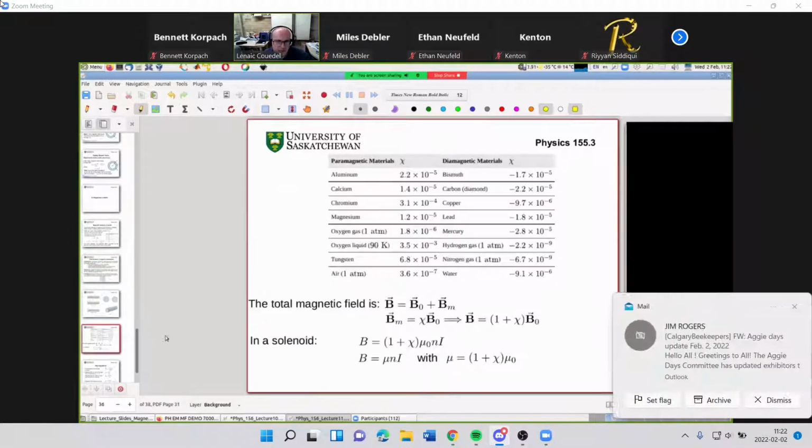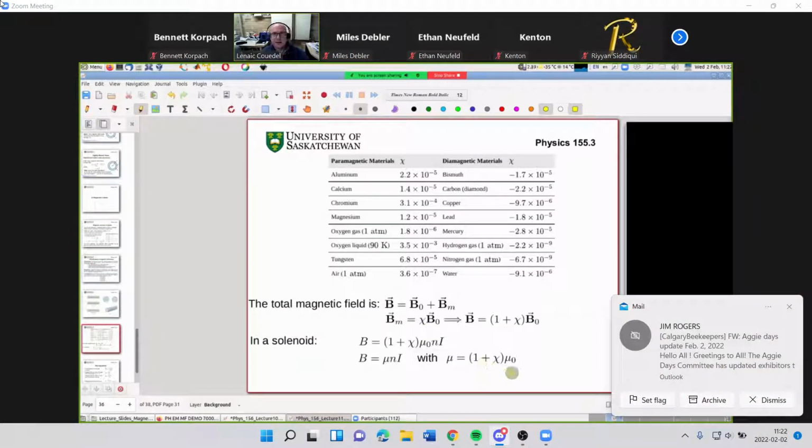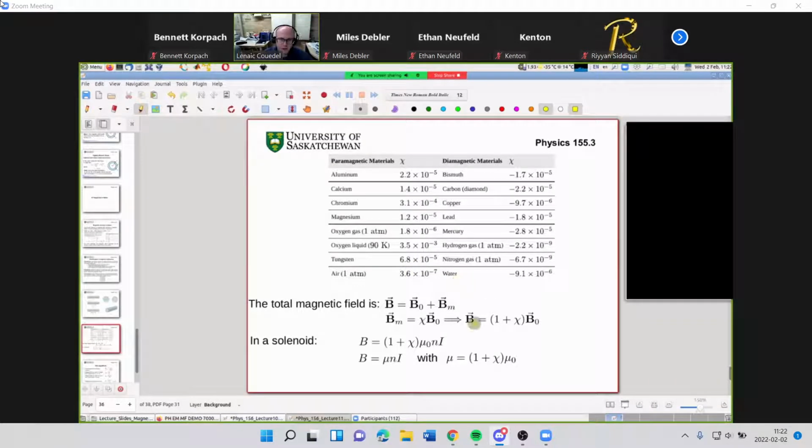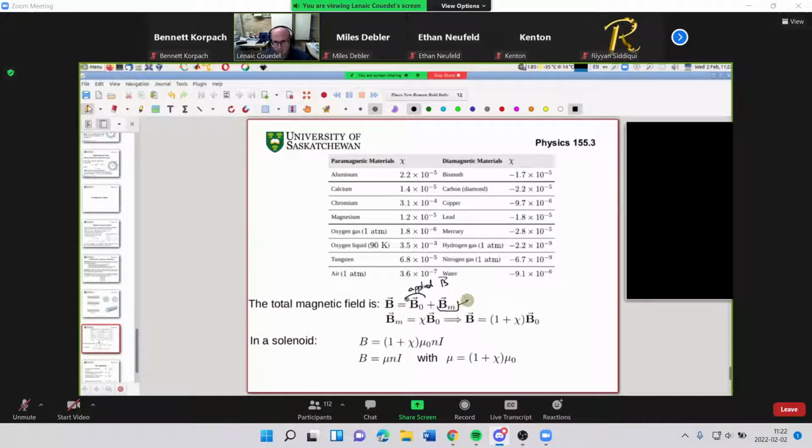So like for a capacitor with a dielectric, with a magnetic material, to get the total magnetic field, you have to take into account the applied magnetic field, so this is the applied magnetic field, and the induced magnetic field.